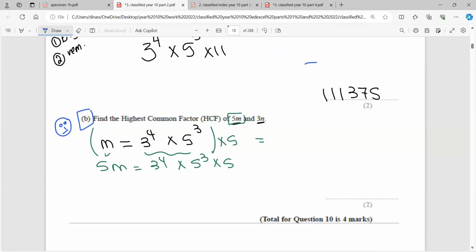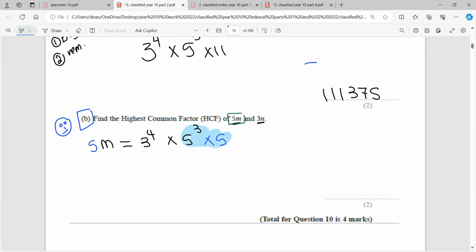Now the question is, as I tell you guys, all I did was think simple. Don't complicate yourself. All I did was multiply by 5, here on both sides. Can I combine these together?